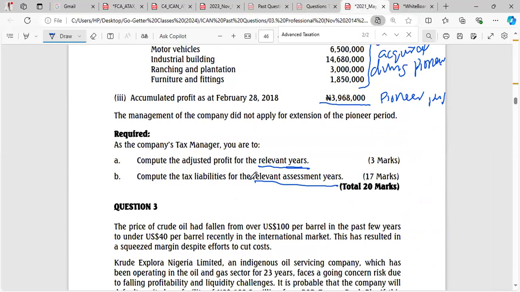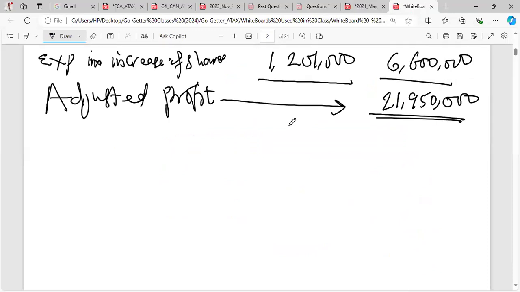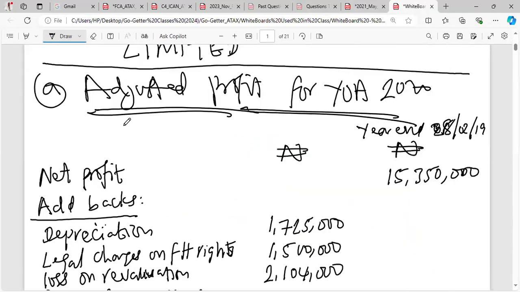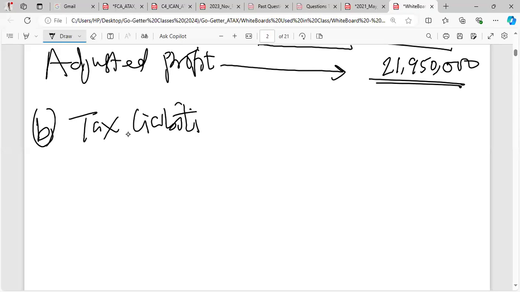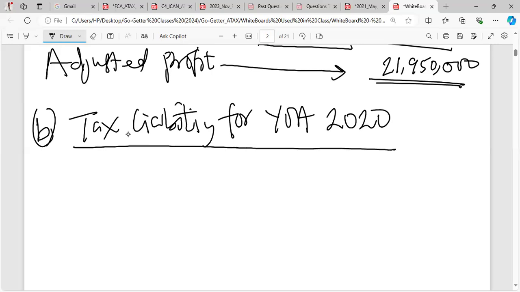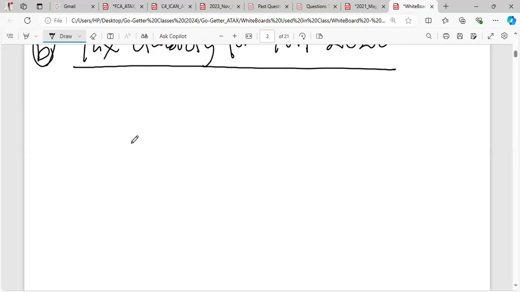Now, compute the tax liabilities for the relevant assessment years. This is the A part, and now the B part here. Tax liability for year of assessment 2020. All right, so we'll put our naira sign here.